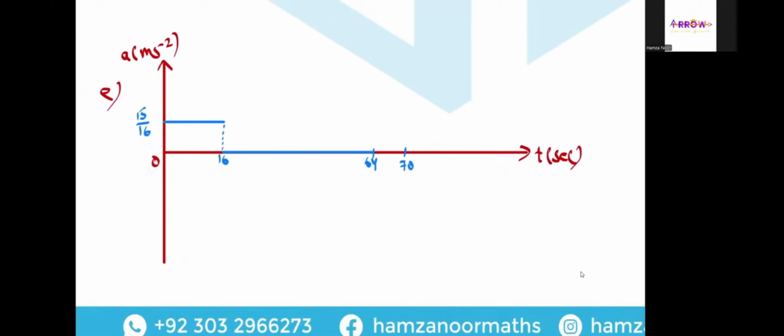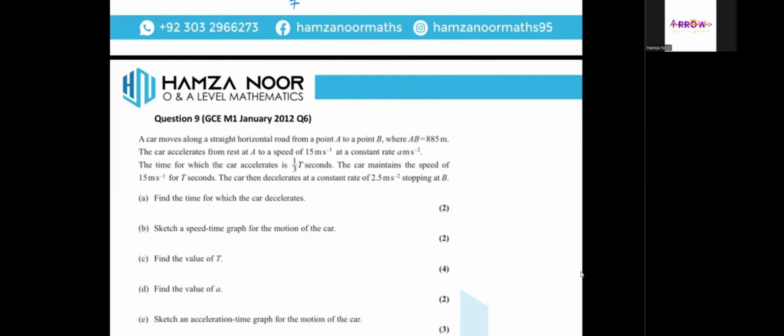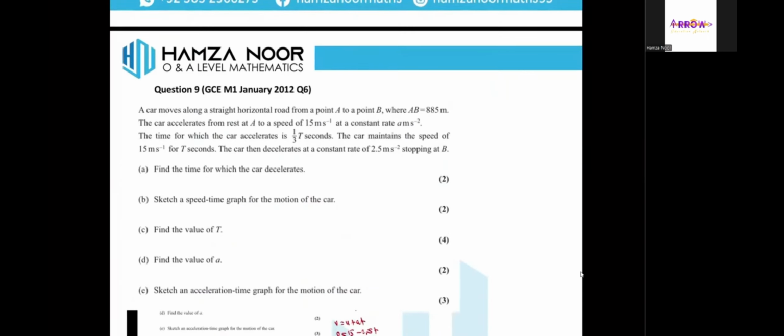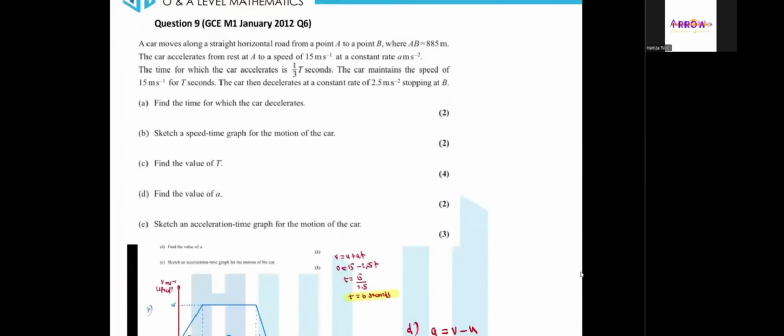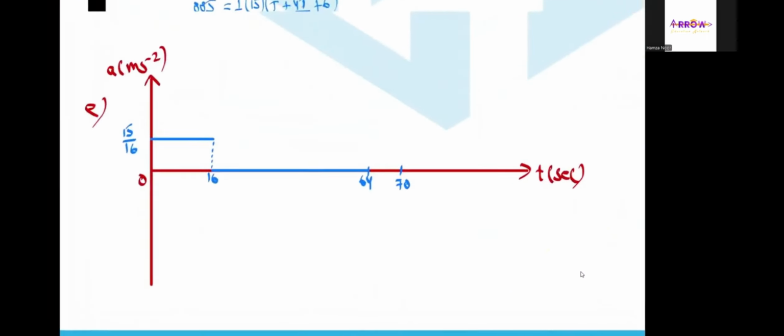The last stage of the journey has an acceleration of minus 2.5, because the rate of deceleration was 2.5. On the vertical axis, you need to make sure you have this much distance for 0.9375, meaning 15 over 16, and a higher distance below the horizontal axis for minus 2.5.